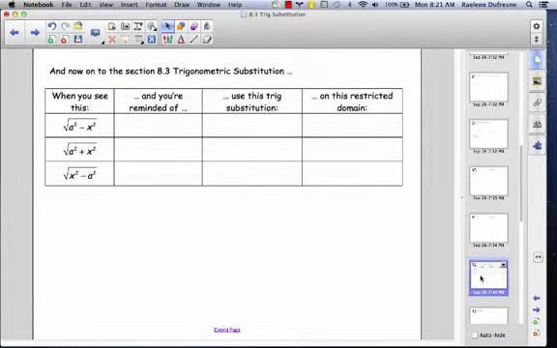So we are now at section 8.3, Trigonometric Substitution, where we have warmed up the pre-calculus, the trigonometry, and the calculus of inverse trig functions, and so on.